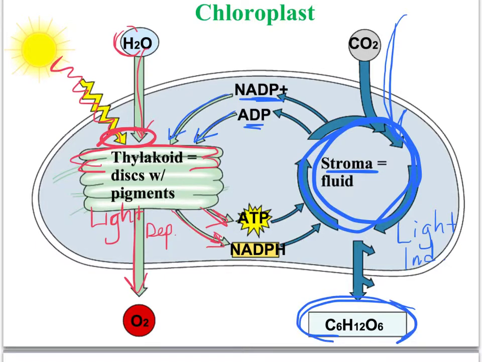And then these guys, the ADP and then NADP+, are going to go back to the light-independent reactions and so on. So we have this nice cycle happening within the chloroplast, and every plant cell has many chloroplasts, so there's lots of photosynthesis happening in all of the plant cells.